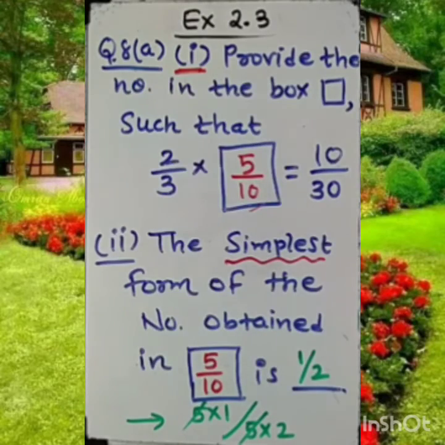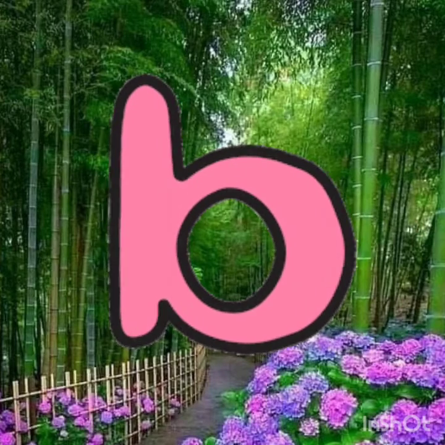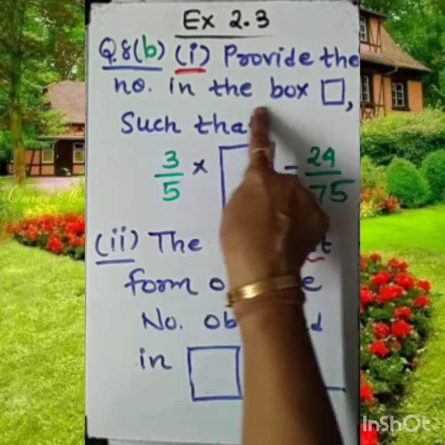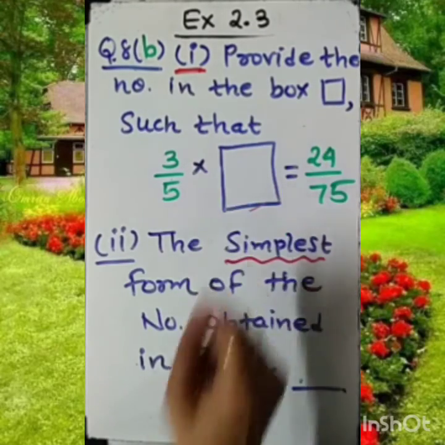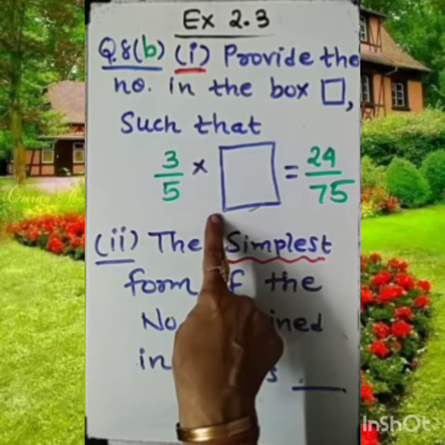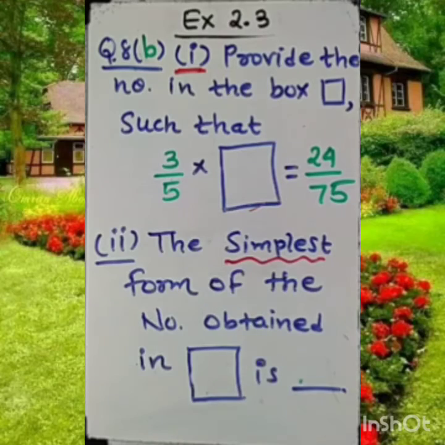Okay, let's see the B part now. Question number 8, B part, on your screen. We are given one number. Provide the number in the box such that 3/5 multiplied by that fractional number gives the result 24/75.